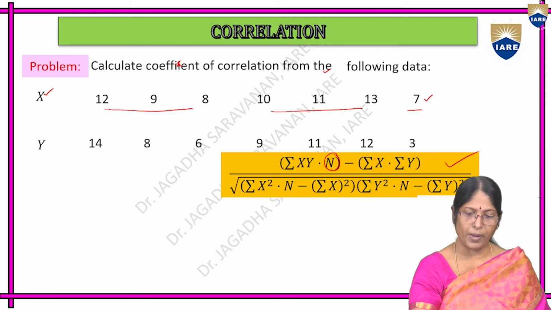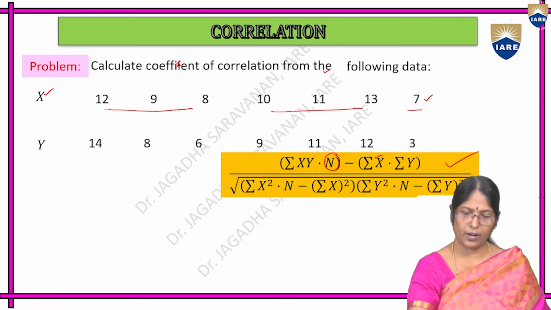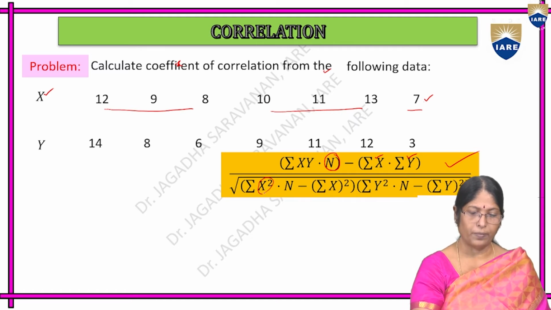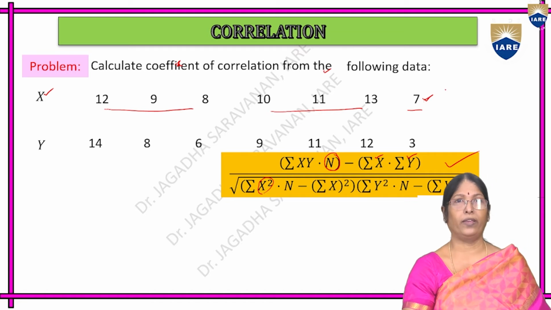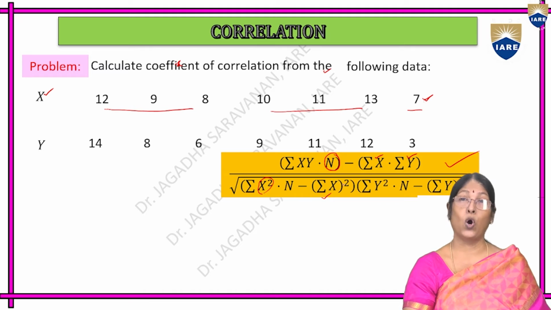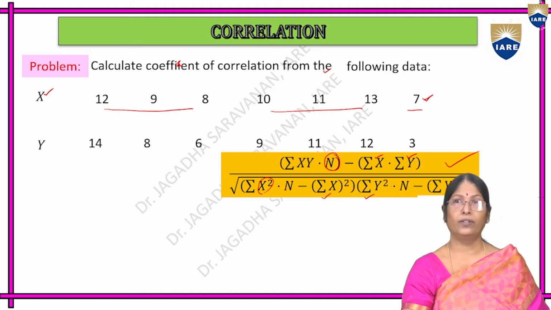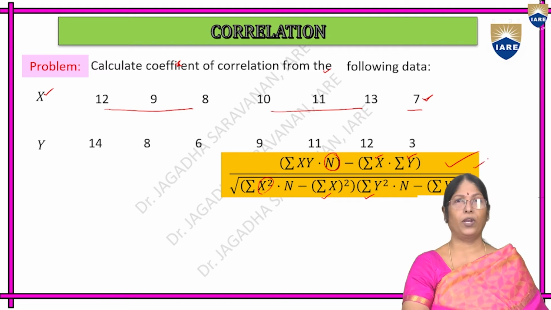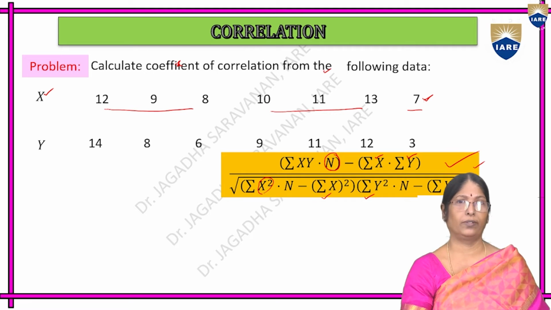Similarly, summation Y, and X square: for the X variable, squaring x into x, we will do it. This is different from summation x the whole square, which we also have to do. Then summation y square minus summation y the whole square. This is the formula given by Pearson.